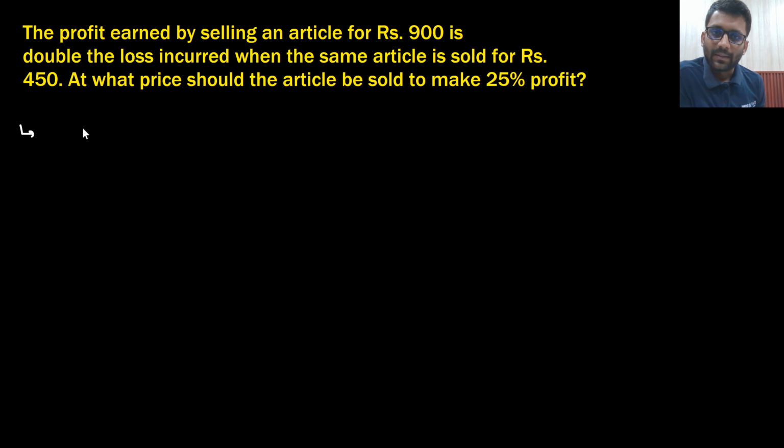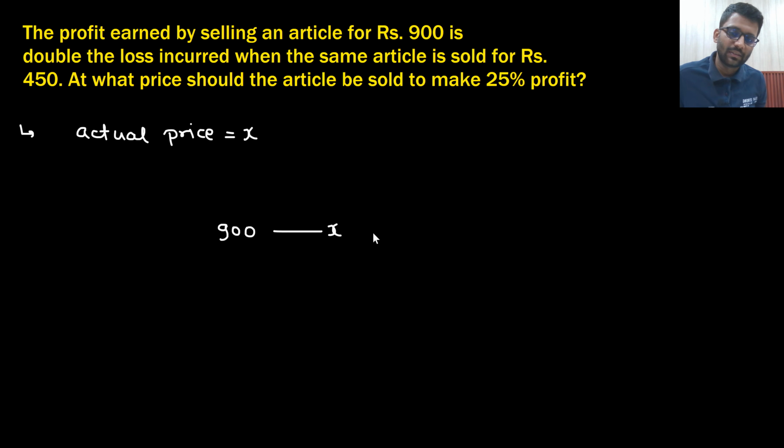So let's just say the actual price was X. Although we can solve it with the hit and trial method as well. Basically 900 rupees, and then you are selling at 450 rupees.